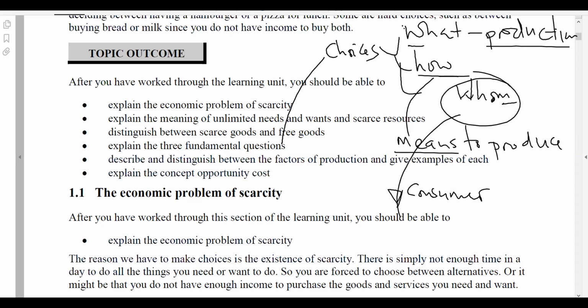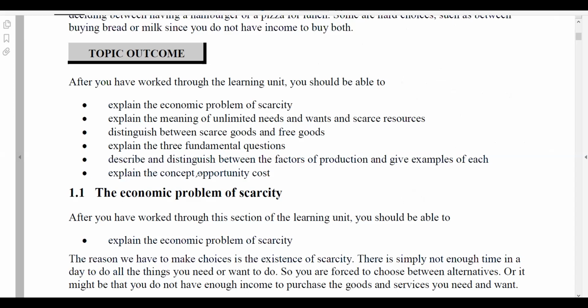Okay. So you actually said it very nicely. So that's how you do it. And then lastly, it says describe and distinguish between the factors of production and give examples of each. So we want to look at factors of production. Things that we are going to use to produce goods and services.